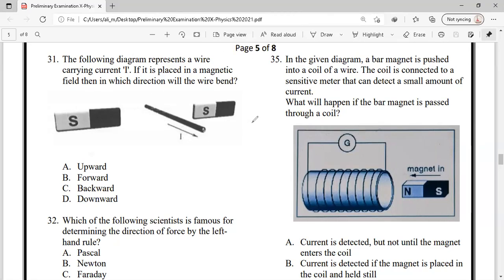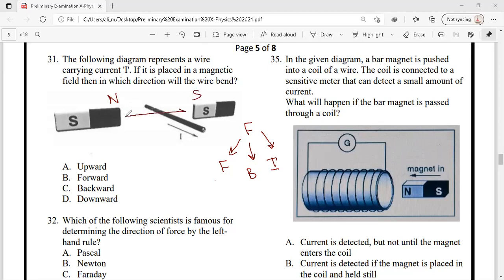So for the force, we know a rule that is known as Fleming's left hand rule, pronounced as FBI. Force is represented by the thumb, magnetic field B is represented by the forefinger, and I, that is current, is represented by the middle finger.